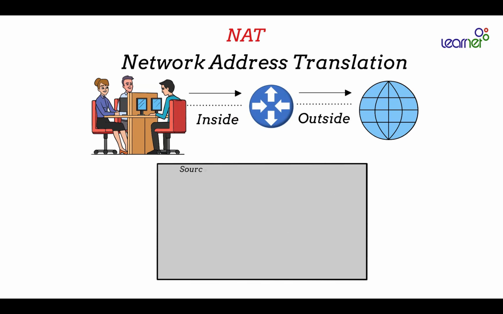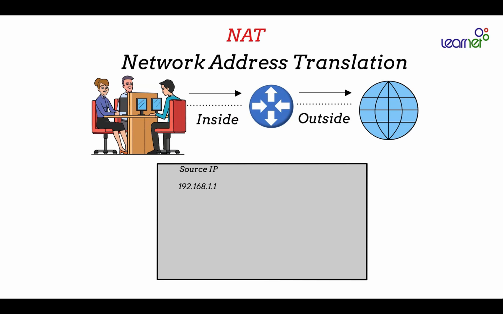Let's assume that one of your users, whose computer's IP address is 192.168.1.1, sends traffic destined to the internet to your edge router. In NAT terminology, on the left side of our router, I mean the internal side, our internal network is called inside.